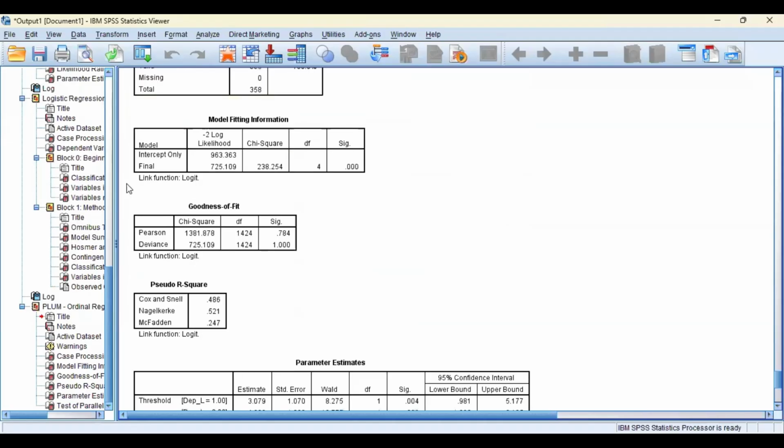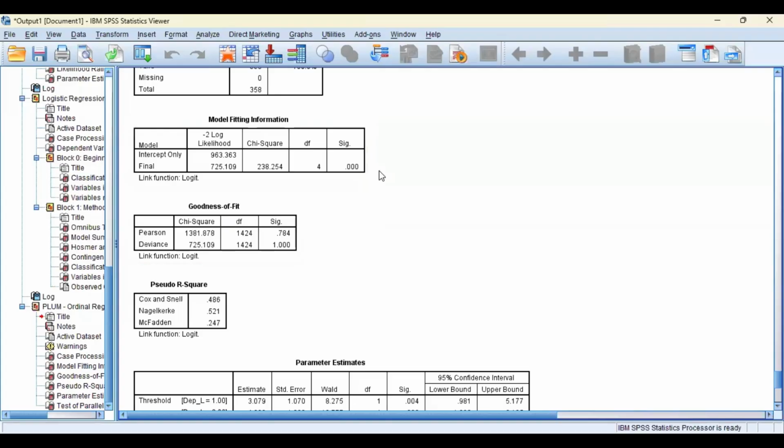So for model fitting information, that is your first table, and also for the next one, goodness of fit, it's actually very similar to what I mentioned for the binary logistic regression.